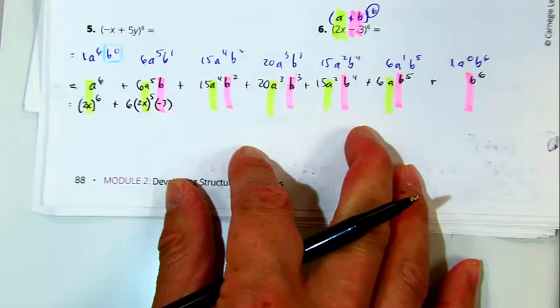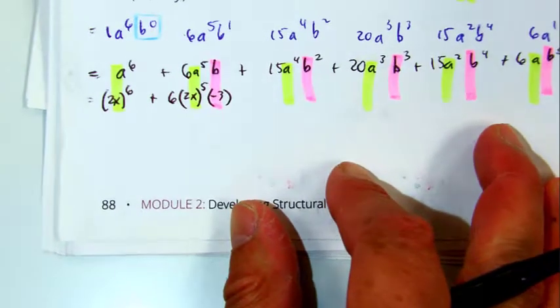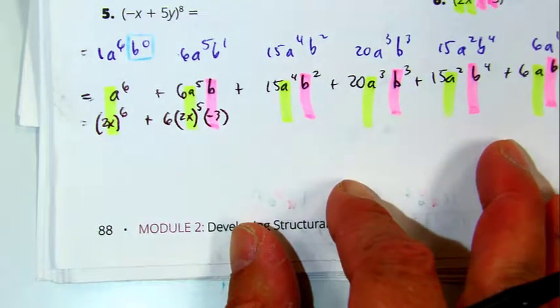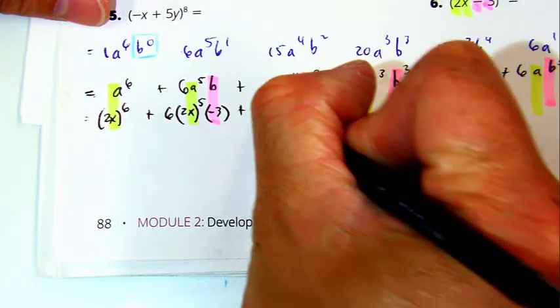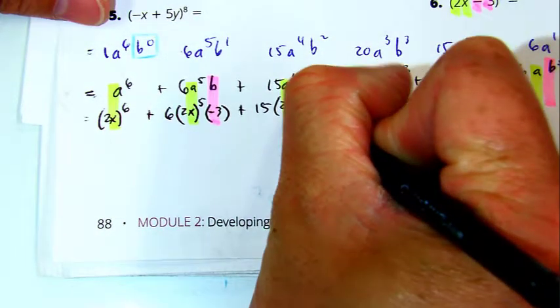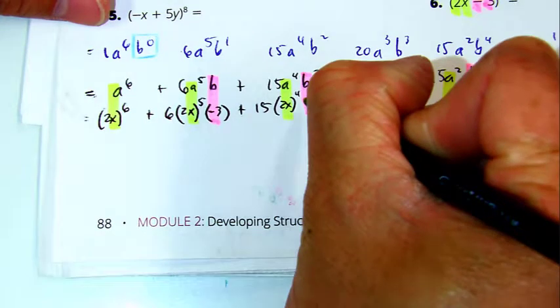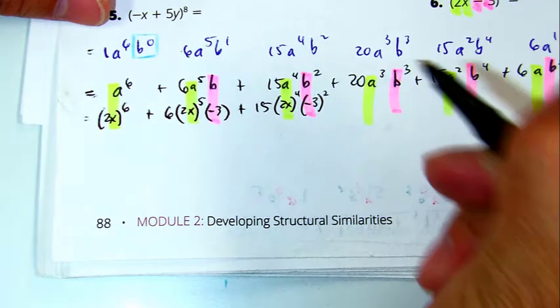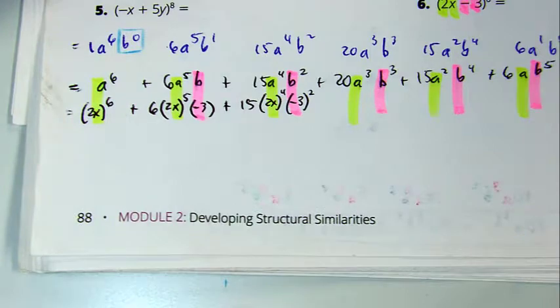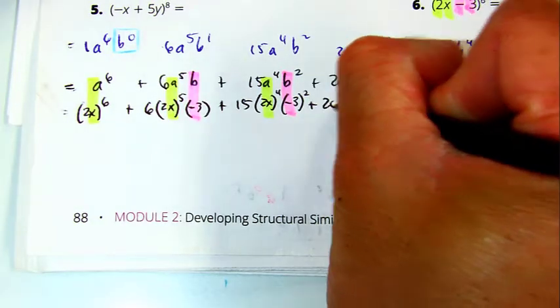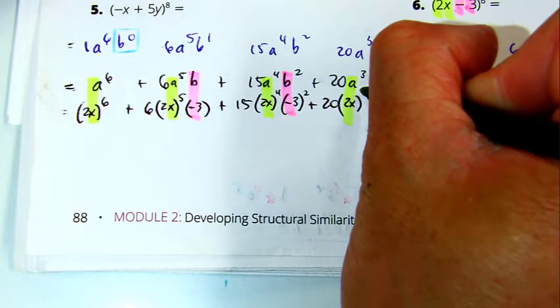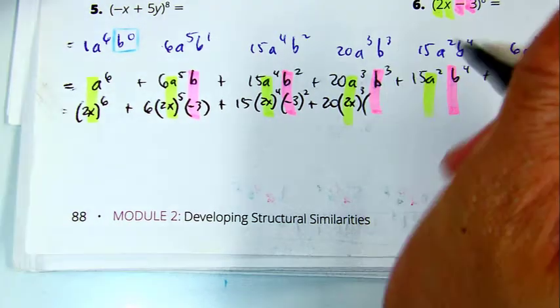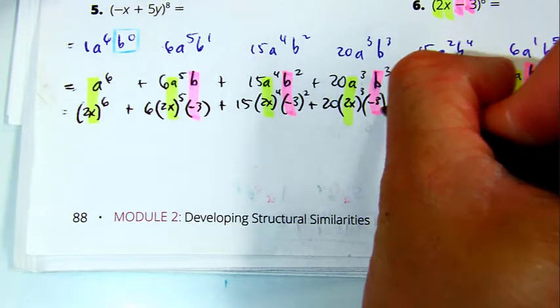Plus 15 times 2x to the 4th power times negative 3 to the 2nd power. Plus 20 times 2x to the 3rd power, b is negative 3 to the 3rd power.